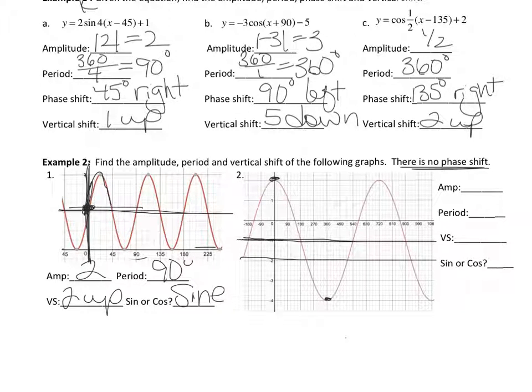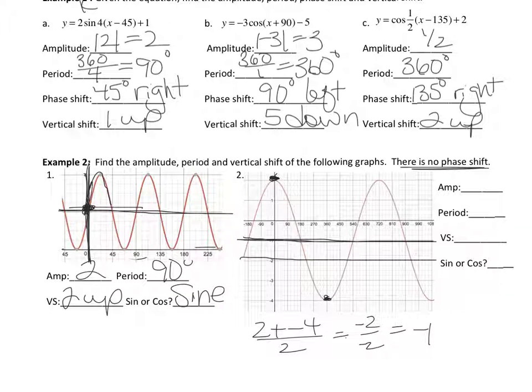That's our new midline. You can average the high point and the low point values. So 2 plus -4 divided by 2 is -2/2, which is -1. And that's our midline. That's the horizontal line that cuts through the middle of the graph.